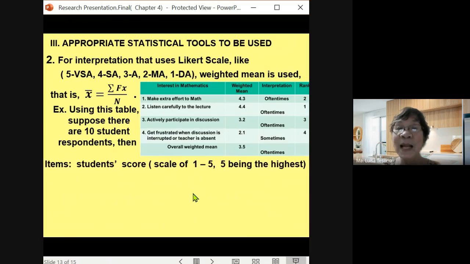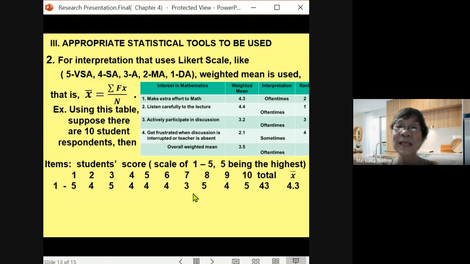Then let's have items 1, 2, 3, 4, and let us see how the 10 respondents will score the items. They must be ranked as to who will be given a 5, a 4, a 3, or a 2. Okay, let's analyze this example.